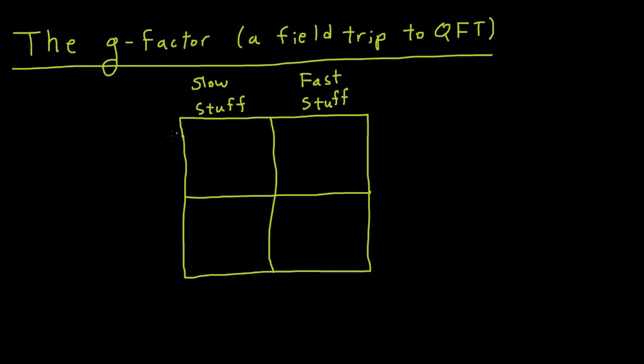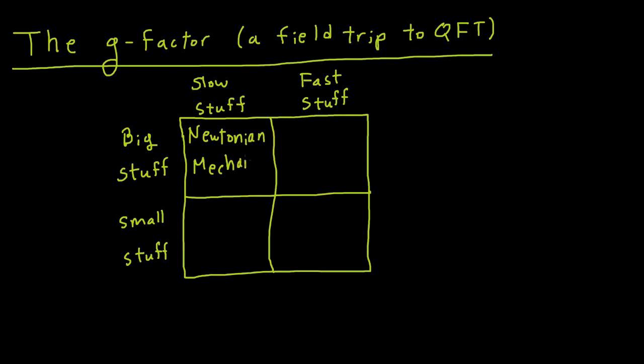And in this row here we got big stuff, and in this row we got small stuff. The realm of physics that deals with stuff that is both big and slow is Newtonian mechanics. You know, F equals ma and all that.